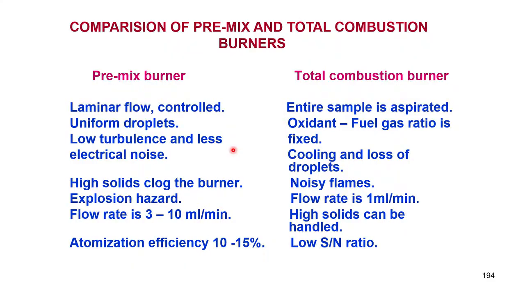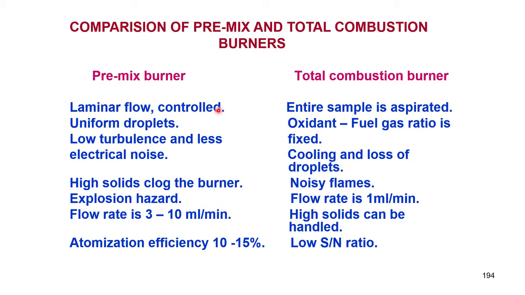Now, I want to give you a comparison of the premix and total burner. In a premix burner, because of the stoichiometry, I have a laminar flow. That means the flow is controlled.